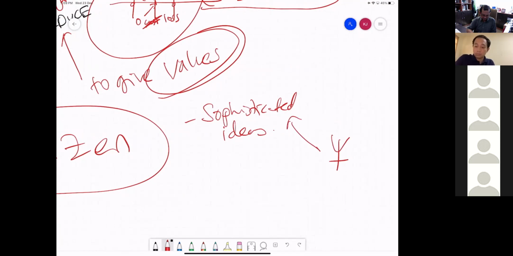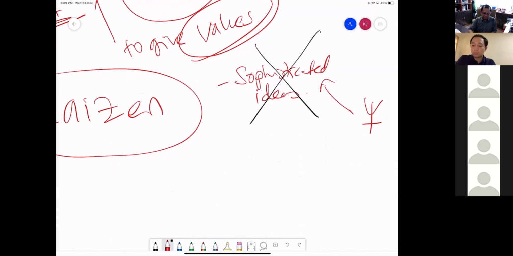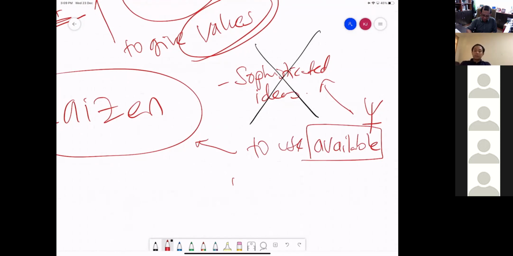But the sensei said, dame, dame means never, no. Why dame? Because the philosophy of Kaizen in Toyota is to use available resources, not to spend more money for Kaizen. We use whatever is around us for improvement.